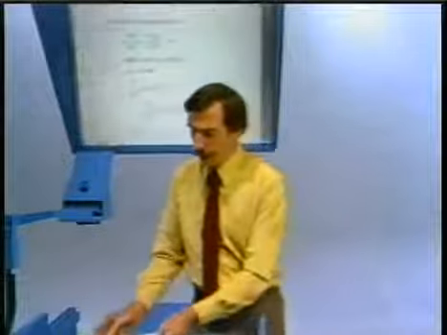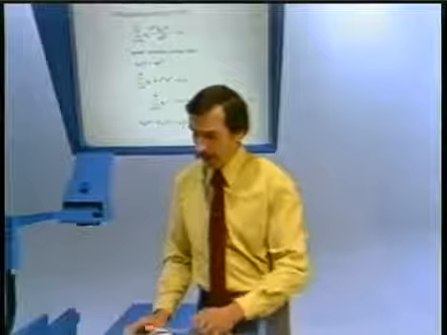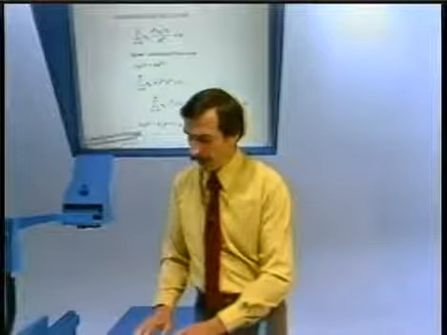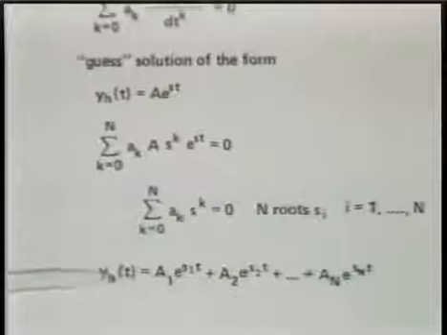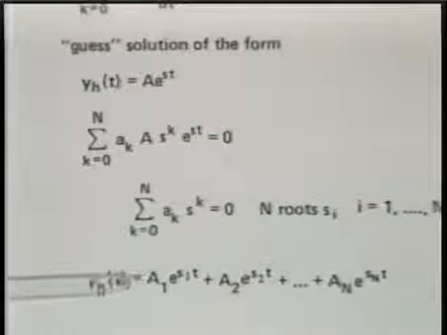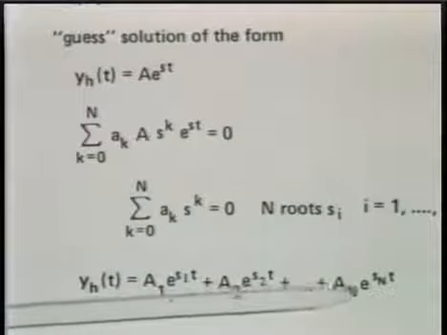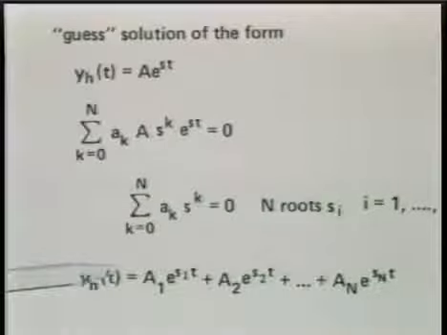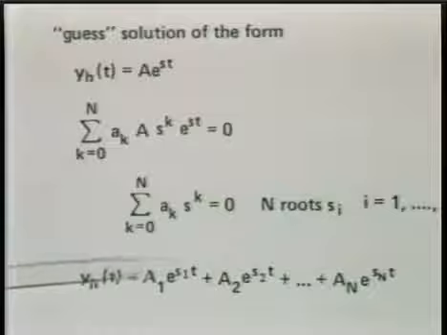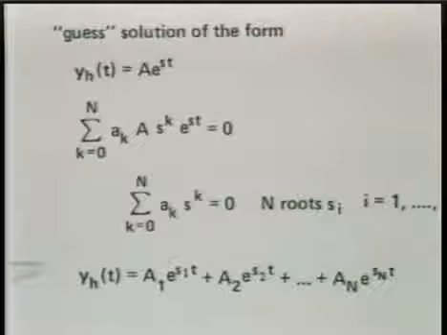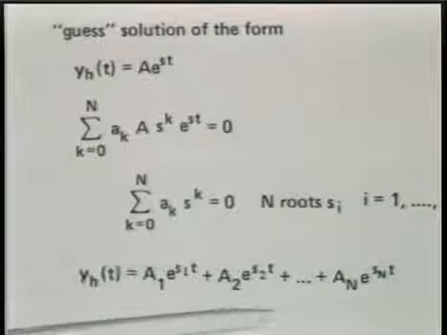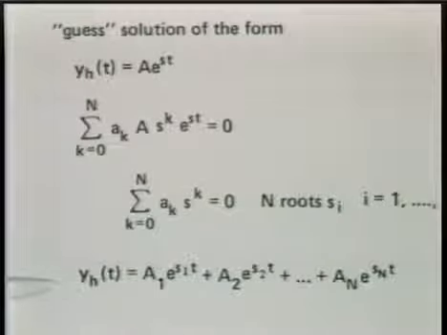Now, the homogeneous solution for a linear constant coefficient differential equation is of the form that I indicate at the bottom, and it typically consists of a sum of capital N complex exponentials, and the constants are undetermined by the equation itself.